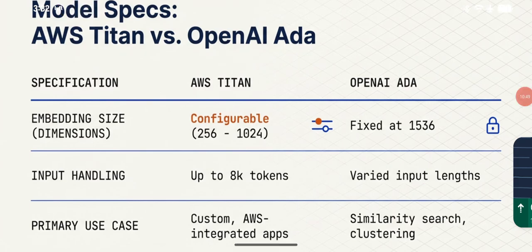So let's understand AWS Titan versus OpenAI. AWS Titan is configurable and its dimension size is from 256 to 1024, while ADA is 1536 dimensions, right? So why 1536? Why not more than that?